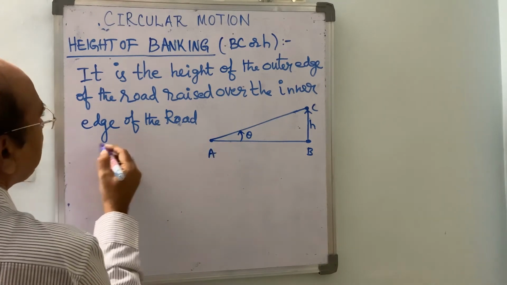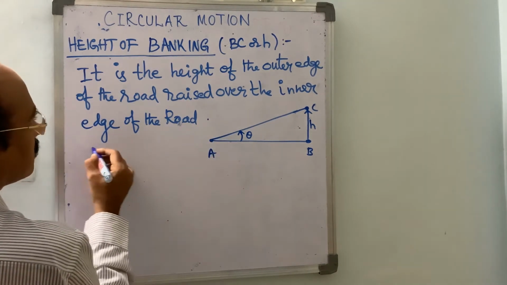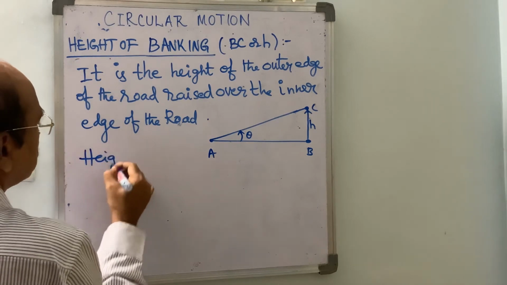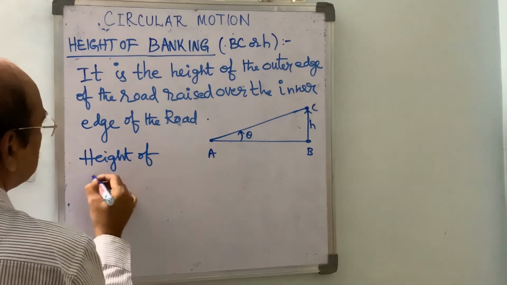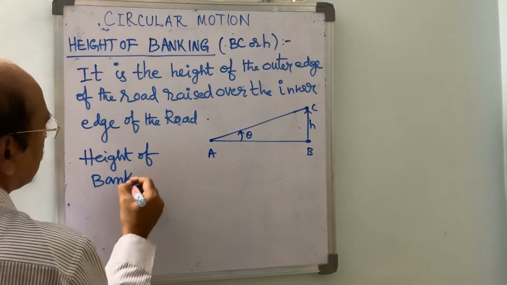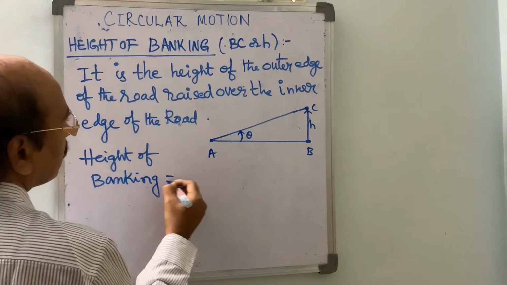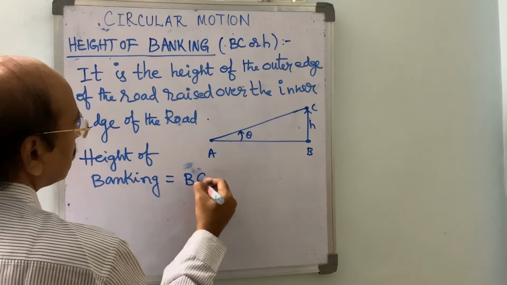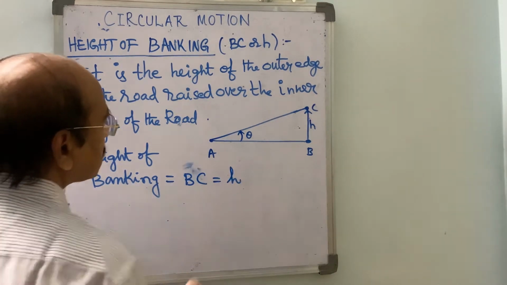Therefore, here height of banking is equal to BC, that is equal to H.